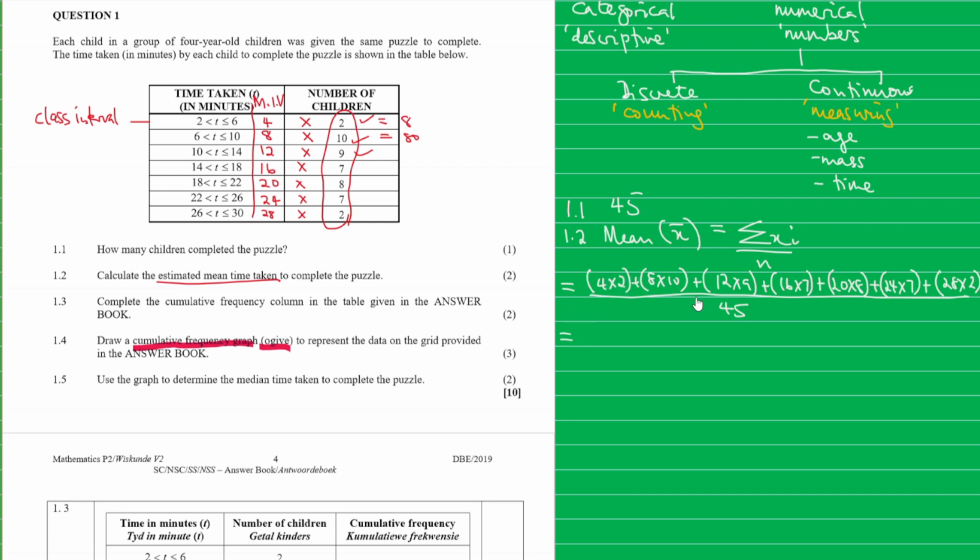So if we are going to enter that one, we can enter it in our calculator. Let's do so.